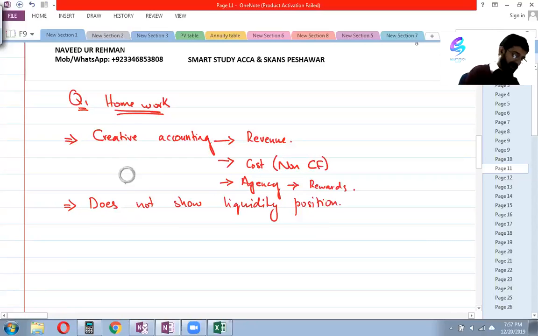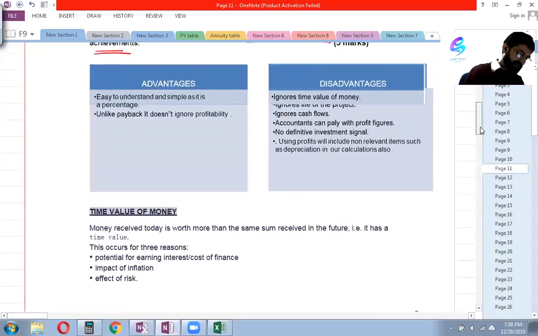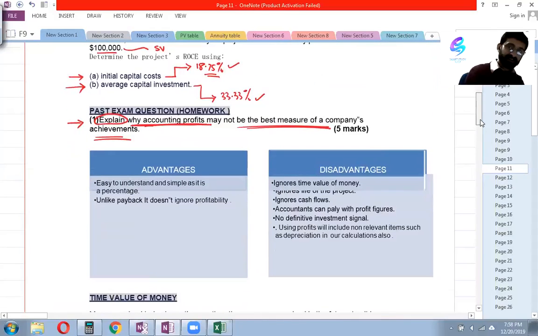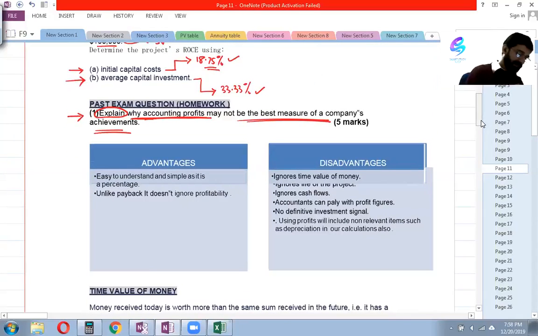So under these two headlines, have a couple of paragraphs under the first headline and then maybe one paragraph in the second one, and in the end a conclusion paragraph, right? In the conclusion you say that because of this, this is not the best thing to do to see the company's performance. It's a real past exam question, guys. Of course it was a long question and this was just a part of it.